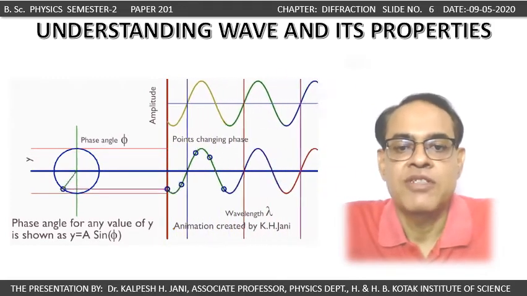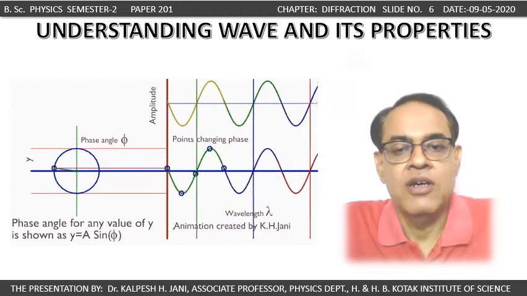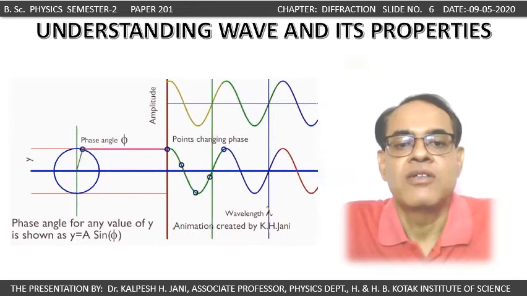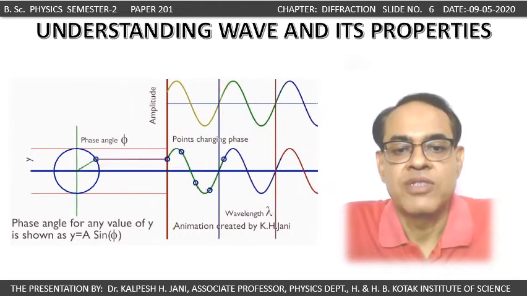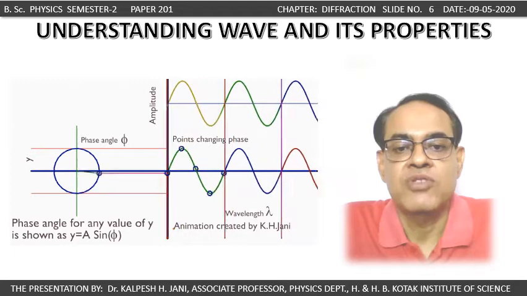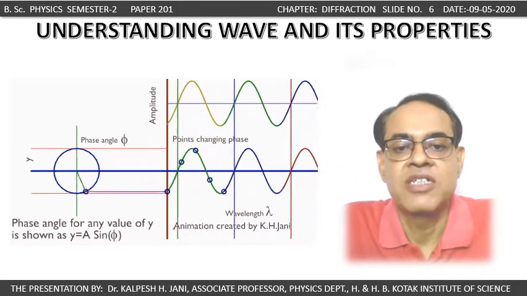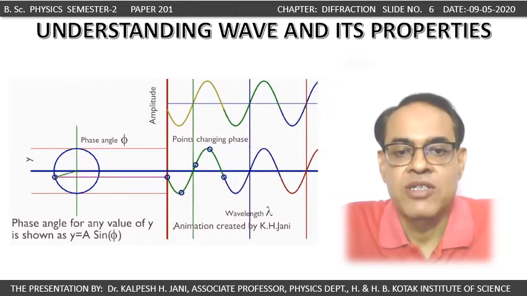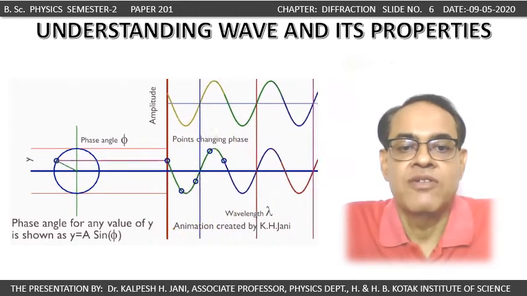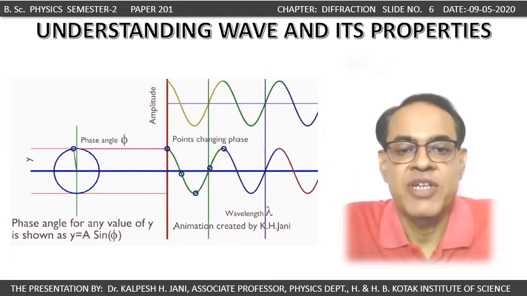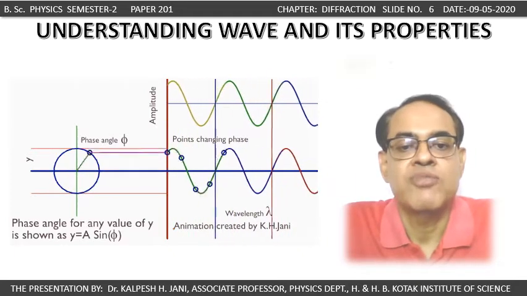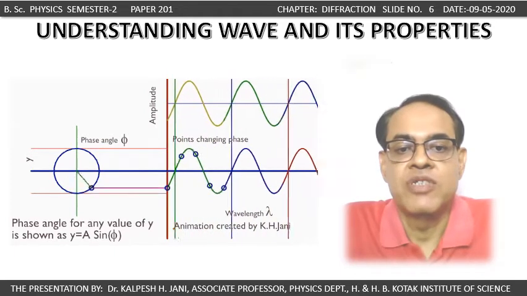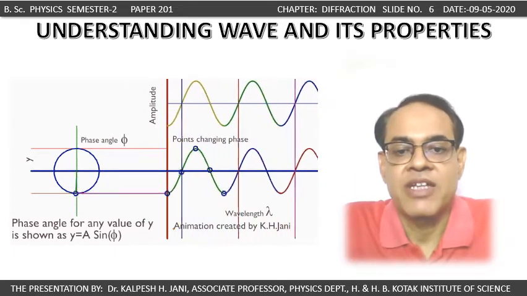So the first parameter of the wave is its wavelength. How can we define the wavelength? As you can see here, just look at the first constituent. When it completes its one oscillation, the portion of wave that has moved in the left direction is known as its wavelength. So by the time any constituent completes one oscillation, some portion of the wave has moved in the left direction.